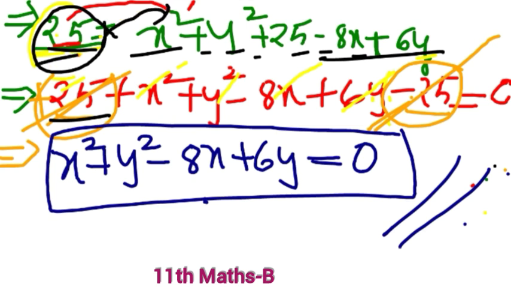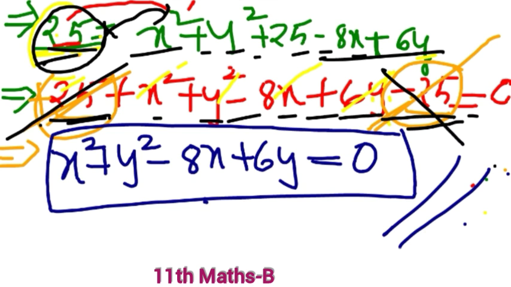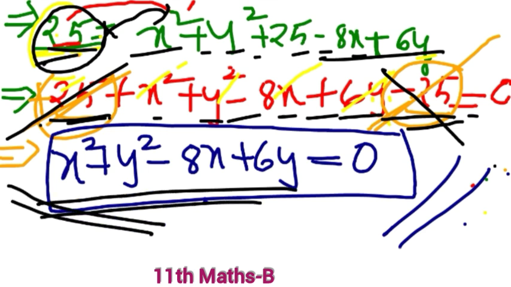So 25 plus x square plus y square minus 8x plus 6y minus 25, because plus going to the other side becomes minus, is equal to 0. Here 25 gets cancelled, because plus 25 and minus 25 cancel. After doing that, we got this equation, so this is our final answer.